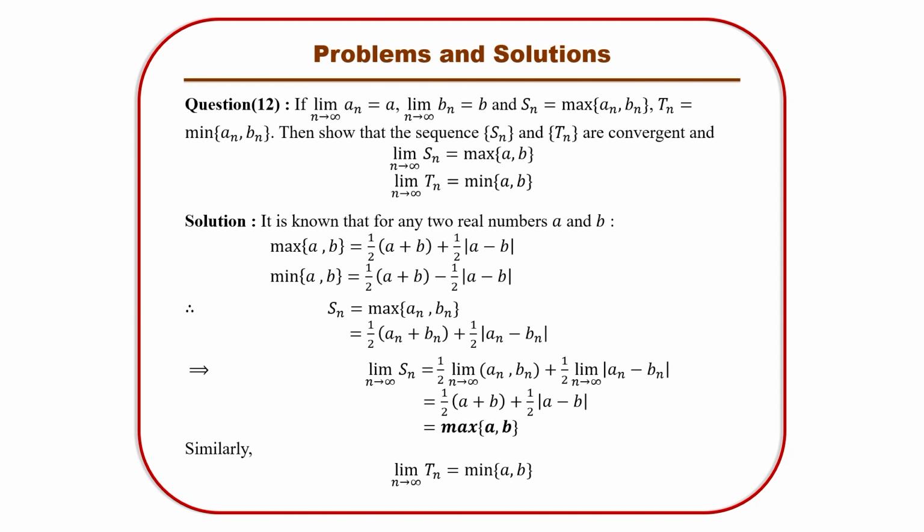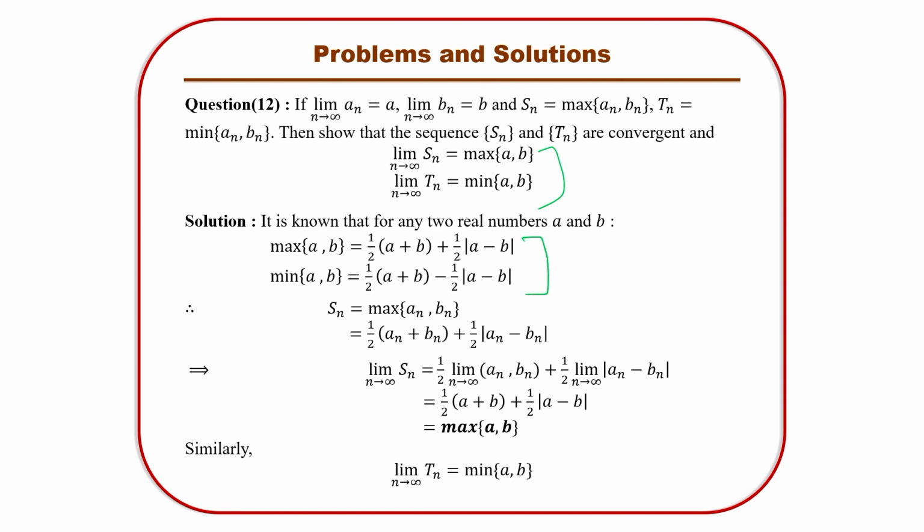So question number 12, and it is always recommended to solve these questions. Why? Because we are going to use one inequality which is not very frequently used, and that is about the maximum and minimum of two numbers a and b.